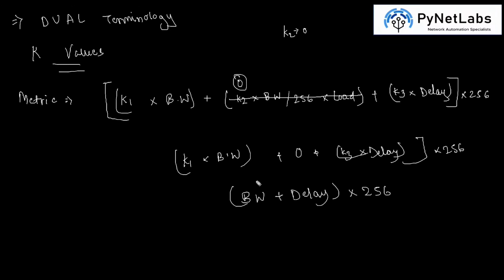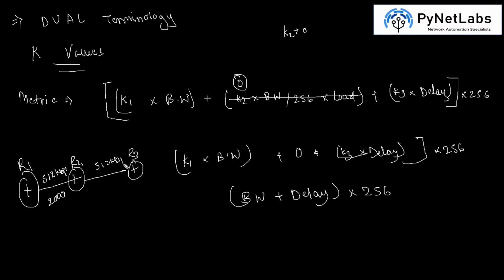So if you have a link between, let's say, router number 1 and another router, and then we have router number 3 here. Let's say the link is of 512 kbps and the delay is 2000 milliseconds. Then again we have a 512 kbps link and 2000 milliseconds of delay.